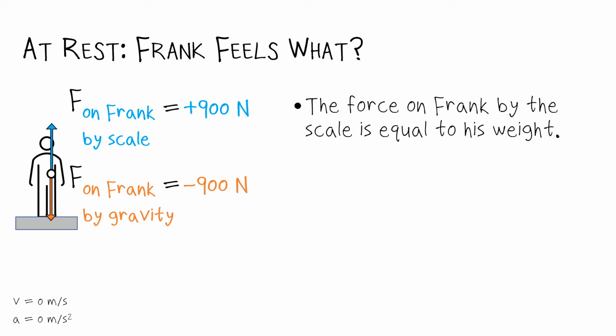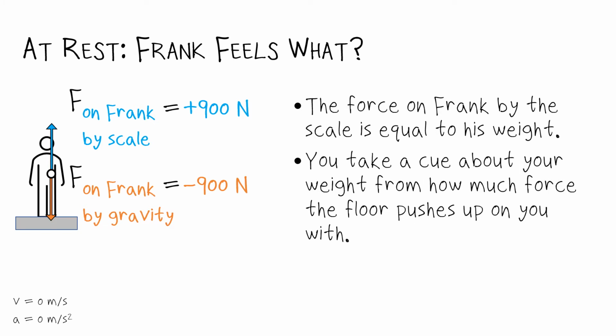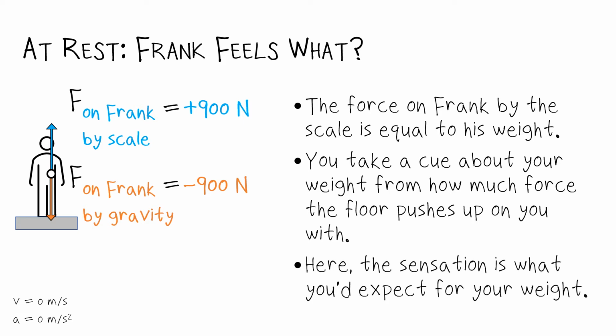If the surface pushes up on us more, we feel like we weigh more. If the surface pushes up on us less than we're used to, we feel like we weigh less. So we take a cue from that upward blue force. And since in this case, the force acting up on Frank is equal to his weight, he just feels normal. He doesn't feel heavier. He doesn't feel lighter. He just feels kind of Frank.